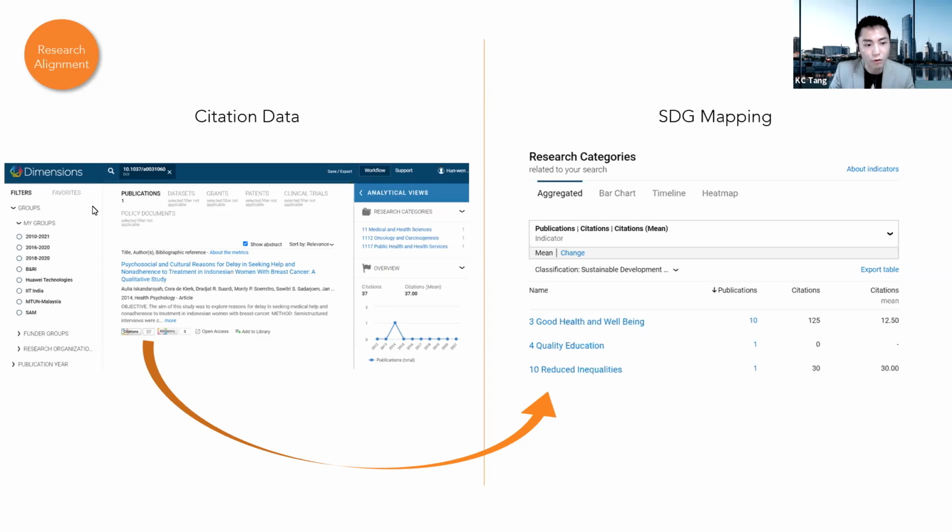So it will affect education quality as well, and there could be some linkage to reduced inequalities too. So the whole idea is that if you do not do promotion and outreaching, you wouldn't be able to identify a different pool of audience that may use your content and research to apply back in their work, right?